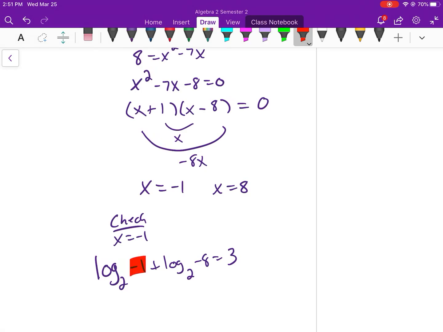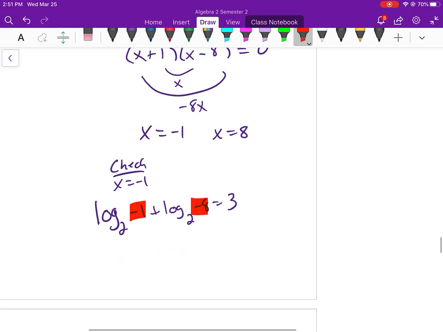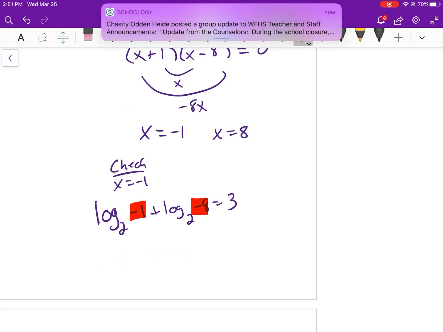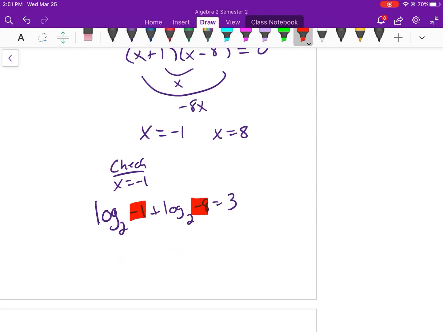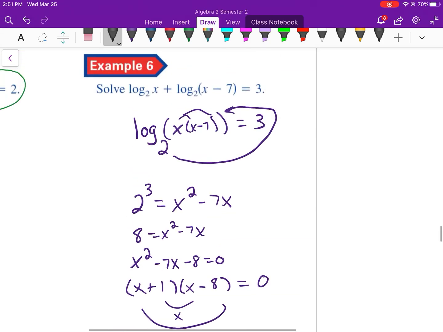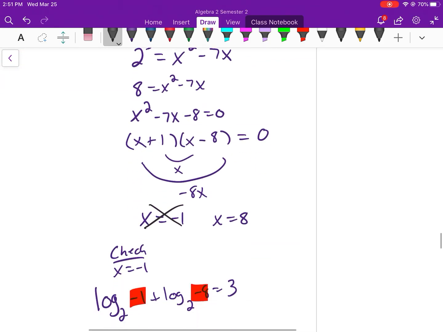The fact that this argument is negative and this argument is negative throws this off, because 2 to any power, if I have a positive base, no matter what the exponent is, it can never be negative. So you notice that you have an argument that's negative. That is an extraneous solution. So you have to cross those out.